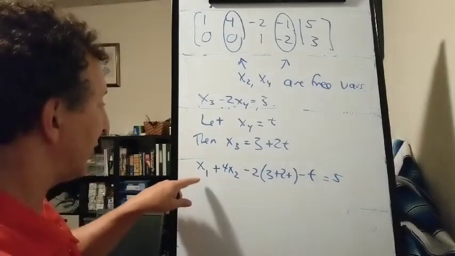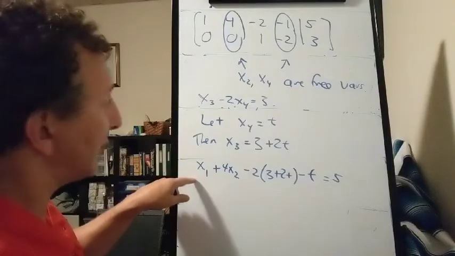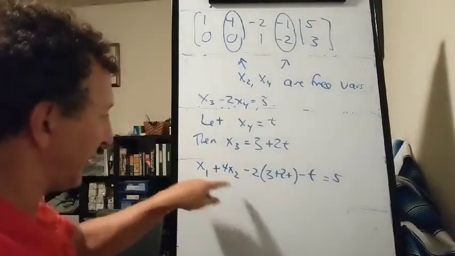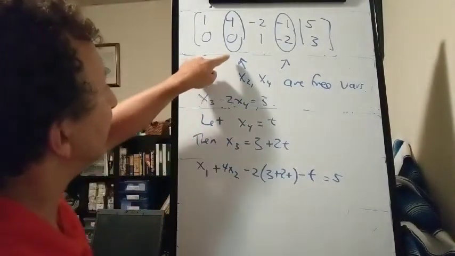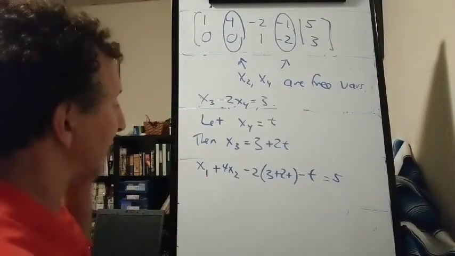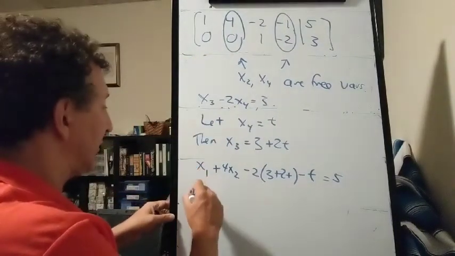Now we can't solve for x1 in terms of numbers and t's here because we've got this other variable x2. Since x2 is a free variable, we'll let that be another symbol, let's say s.